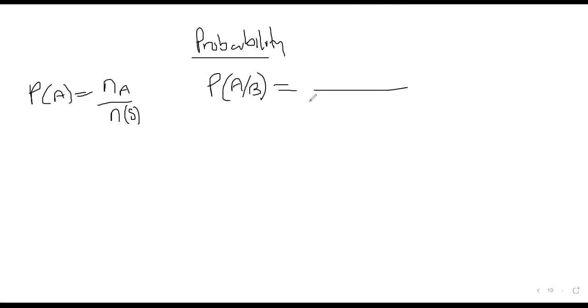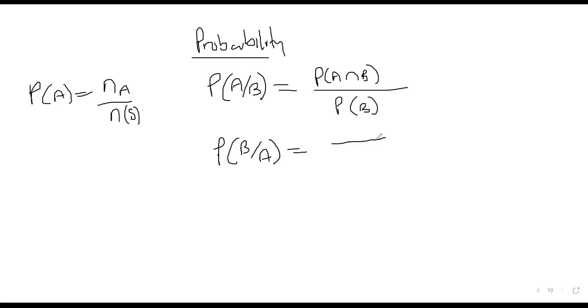We bring down the B down there, and on top we intersect A intersection what? B. Similarly, if it was the opposite, if we had B given A, using Bayes' theorem, our A will come down there, then we intersect the two, A intersection B. So this is called Bayes' theorem.